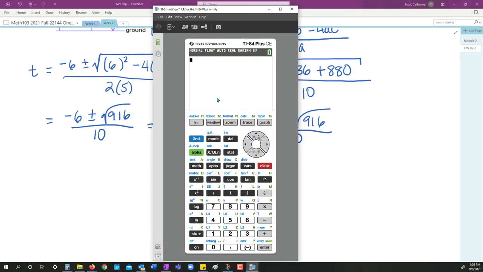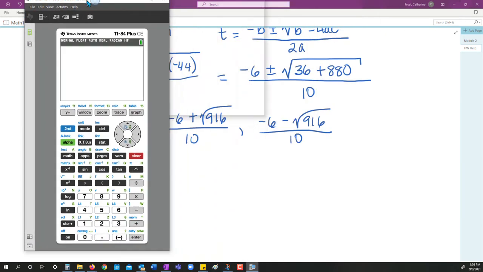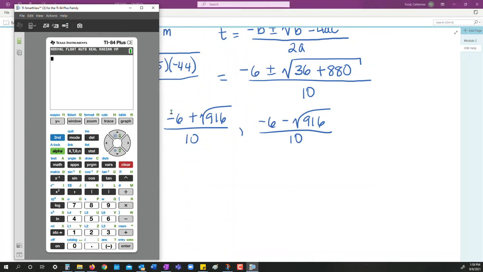Negative 6 plus square root of 916. Put all of that in parentheses. So negative 6 plus second square root 916, and then I have to arrow out. You may need another parenthesis. Close parentheses, divided by 10. Enter. 2.426, blah, blah, blah.